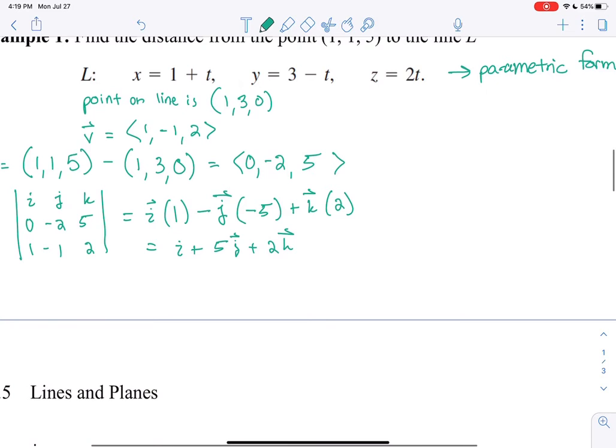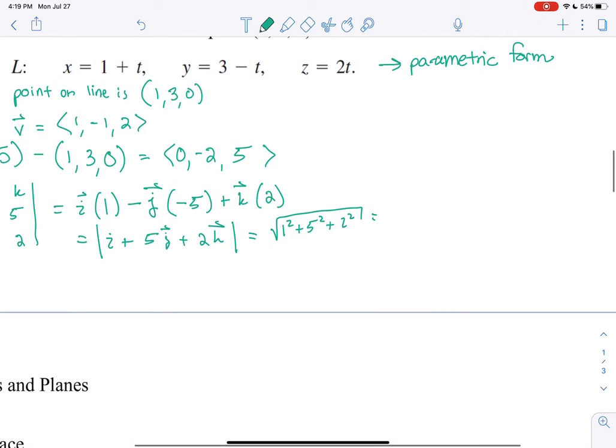And now let's just take the magnitude of that. The magnitude is going to be equal to the square root of the sum of the squares. So that's 1 squared plus 5 squared plus 2 squared, which ends up being the square root of 30.